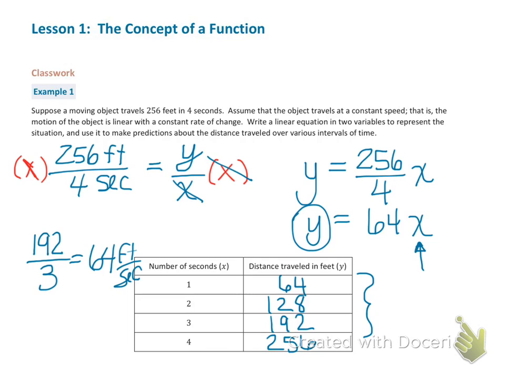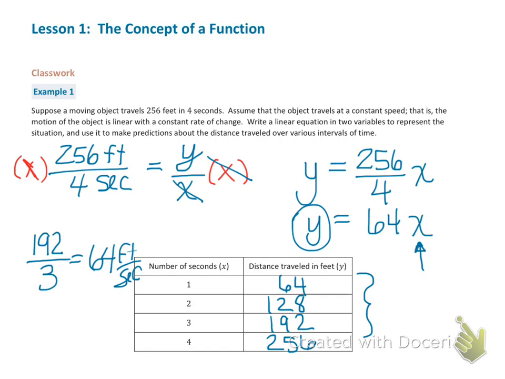Okay, so we said that one of the important things about a function is that we can make predictions about the distance traveled over various intervals of time. So you might think about what are some predictions that we could make about the motion of this object. You might be able to say that in 2 seconds, this object's going to travel 128 feet.